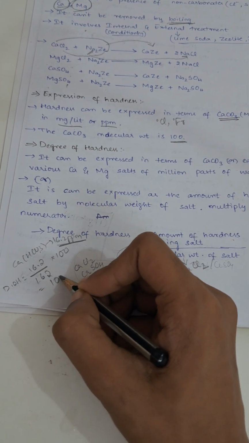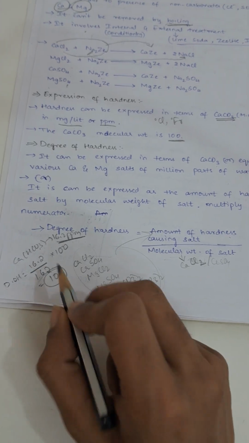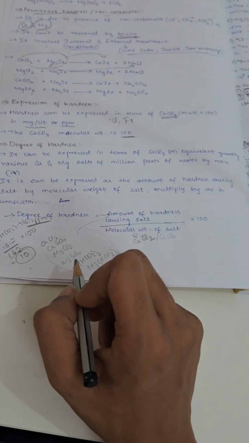So you will get 10. So degree of hardness is 10 if it contains calcium bicarbonate. In this way we will find degree of hardness.